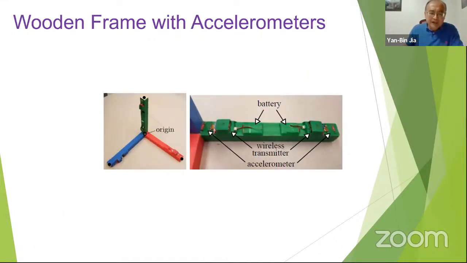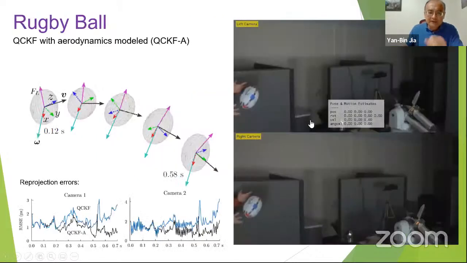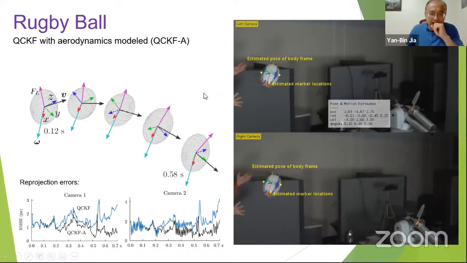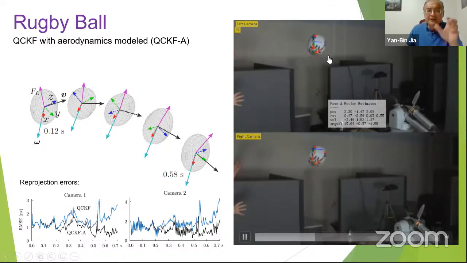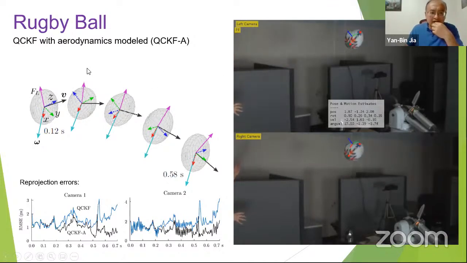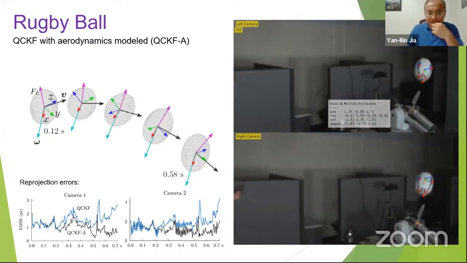So we did some verification here, and one of them is to use the wooden frame and use accelerometers as independent validation. And the second one is to use the rugby ball in flight, and this is aerodynamics. We use the quadratic constraint Kalman filters with aerodynamics modeled, okay?